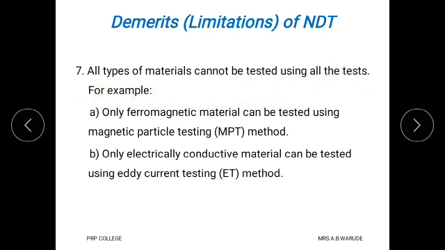For example, only ferromagnetic material can be tested using magnetic particle testing method. As we know there are different methods: liquid penetrant testing method, ultrasonic testing method, magnetic particle testing method, but all those tests are not useful for all materials. Also, only electrically conductive material can be tested using eddy current testing method.